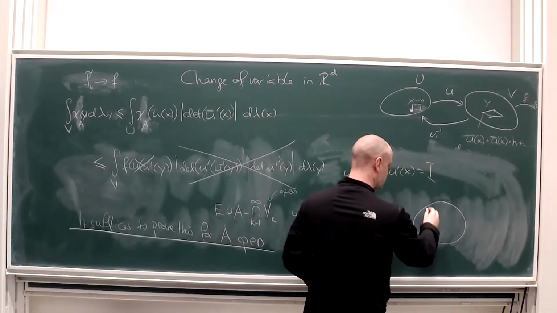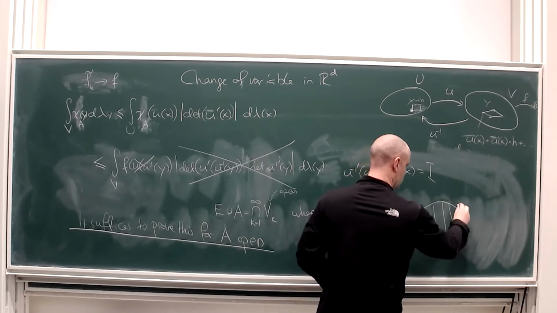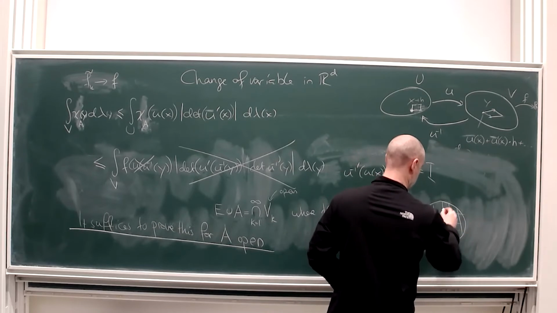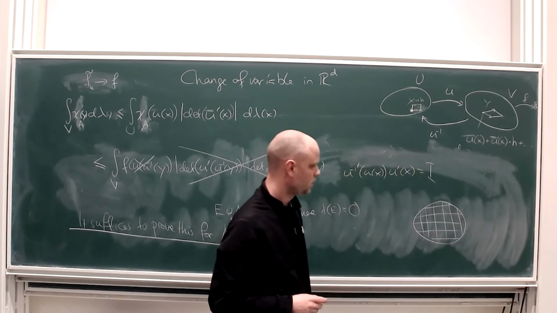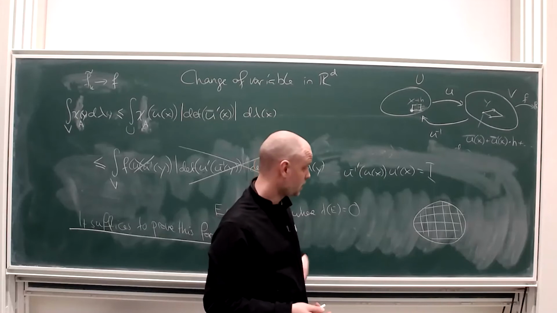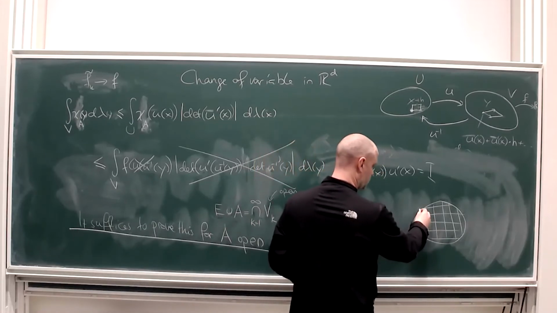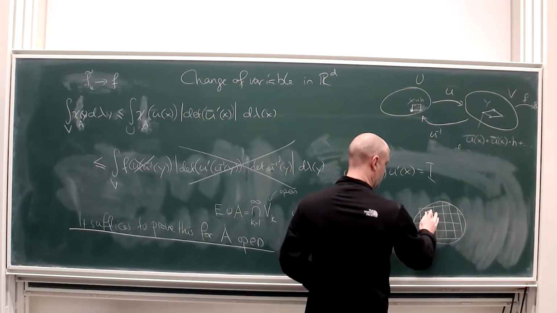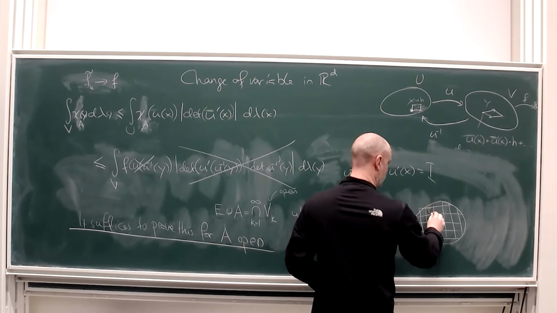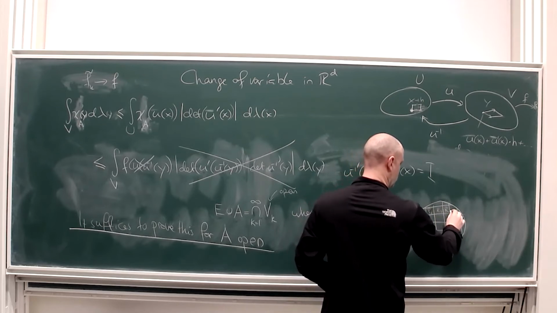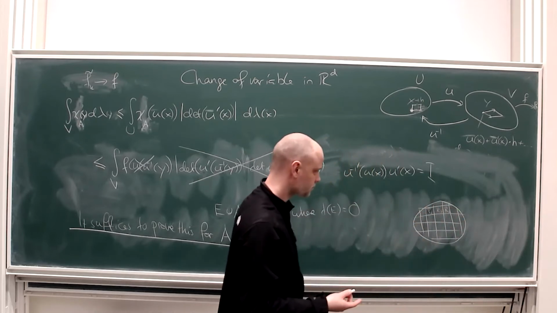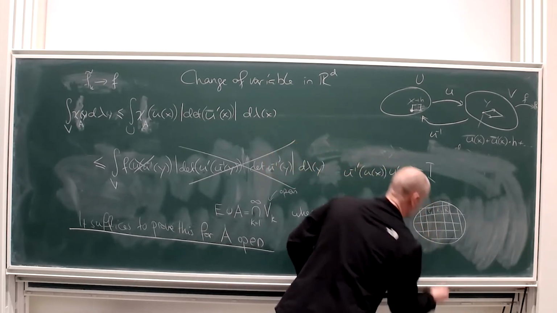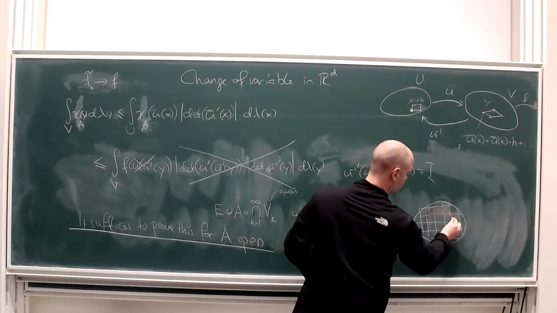What can we do with open sets? Well, we can take some sort of mesh grid here and write open sets as all of the squares that fit inside of my open set. We can number them, yeah. So I call them R1, R2, R3, and so on. And then like that, I will fill up here, here, here.